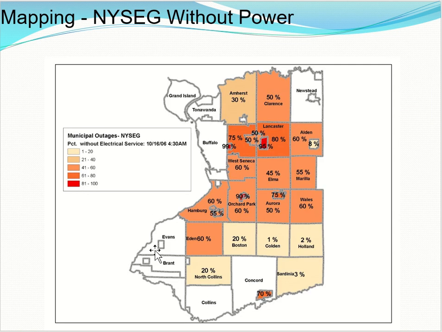Again, here looking at power outages. So we have county boundaries for an area around Buffalo, New York. Those county boundaries aren't really going to change, but something that would change is the percent of accounts, I suppose, without electrical service at a given moment in time. So this is a thematic map of where the outages were most severe.